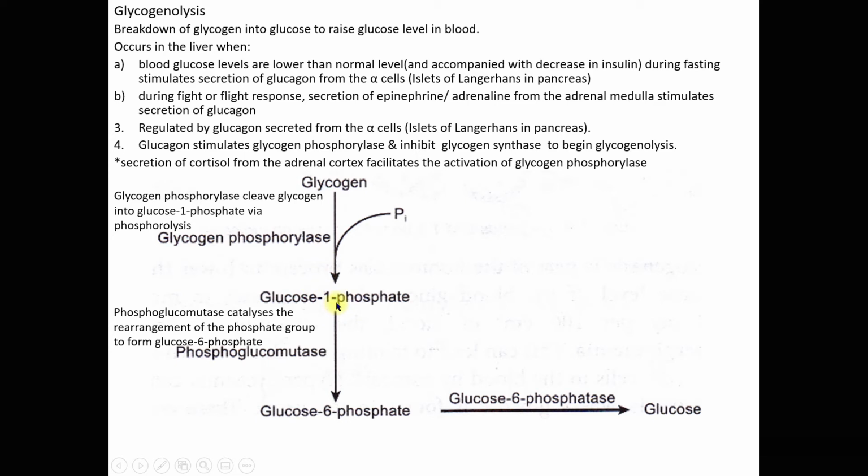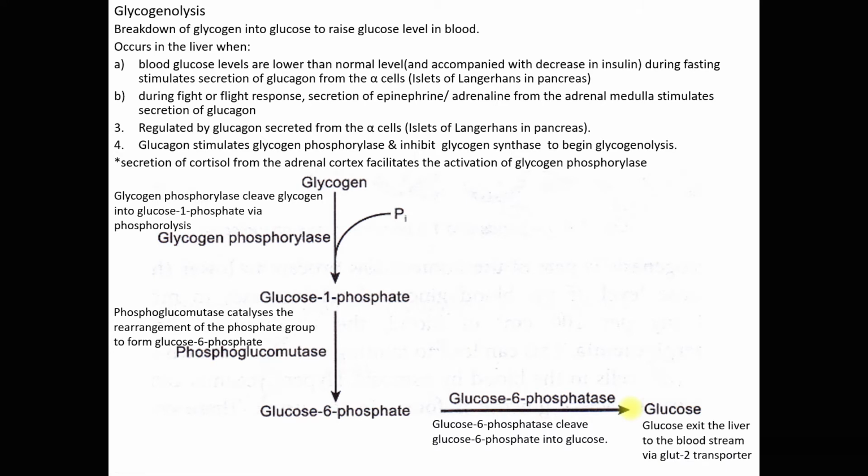So after the action of phosphoglucomutase, the position of the phosphate group changed to the 6th carbon. So now we have glucose 6 phosphate. This glucose 6 phosphate will be cleaved by glucose 6 phosphatase into glucose.